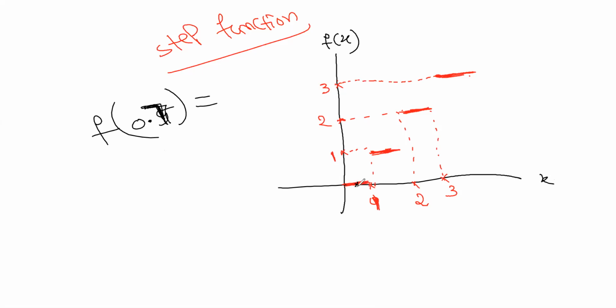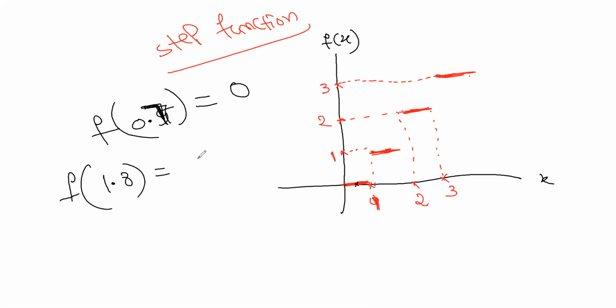See this, the red color line is the y values, right? What is the value of y when x is 0.7? It's 0 itself. What is f of 1.8?